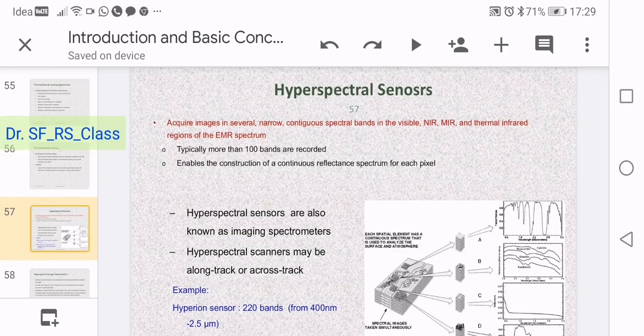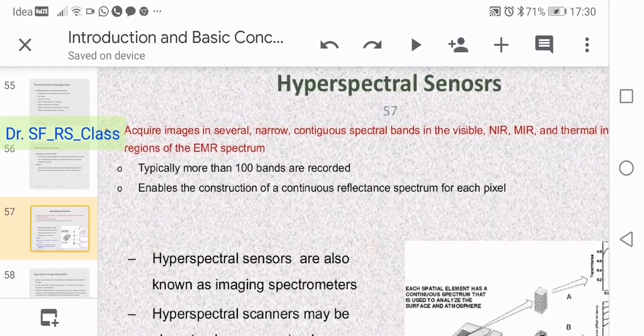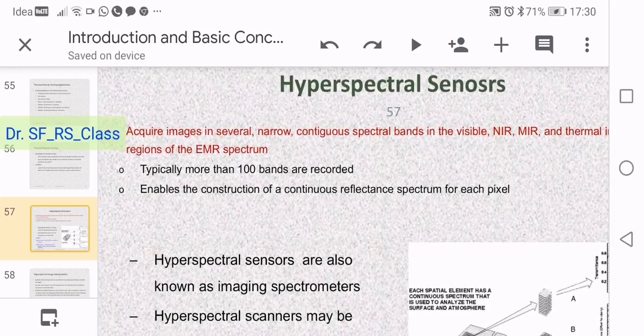So next we'll go towards the hyperspectral sensors. Hyperspectral remote sensing is a branch where we will be dealing with very narrow bands, hundreds of bands, to identify different types of objects. As we have told many times, it acquires images in several narrow contiguous spectral bands, and contiguous is an important term there.